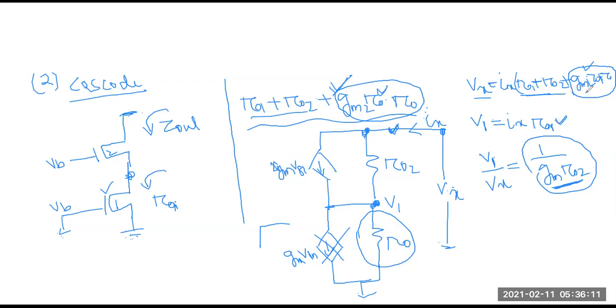Yes, obviously. So now the gain is V1 by Vx. If you put in this value, you will get 1 by gm R02, which is 10 to 100, maybe 50 or 100. If it is 100, this value will be 0.01; if 10, 0.1. So when you change 100 millivolt at this point, you get 1 millivolt here due to that change.